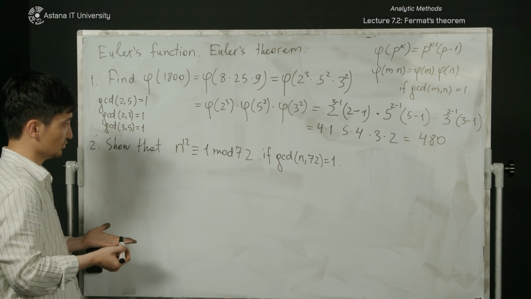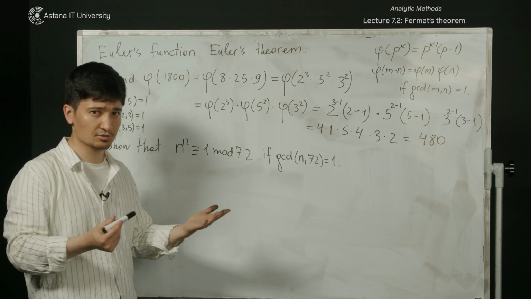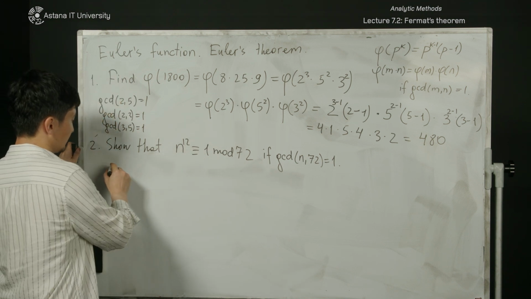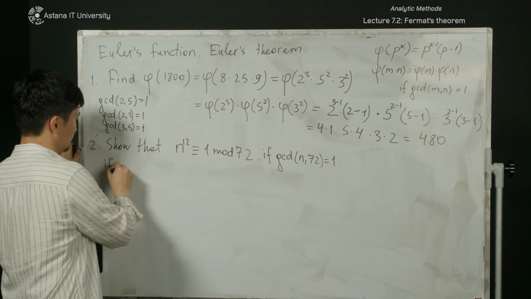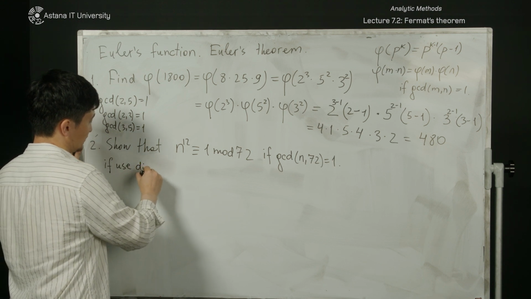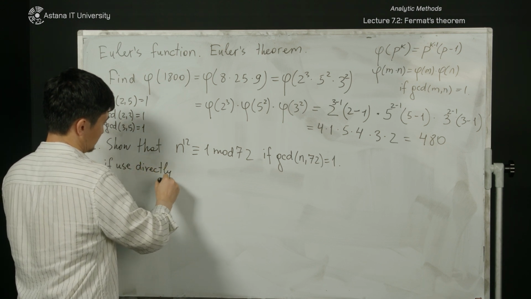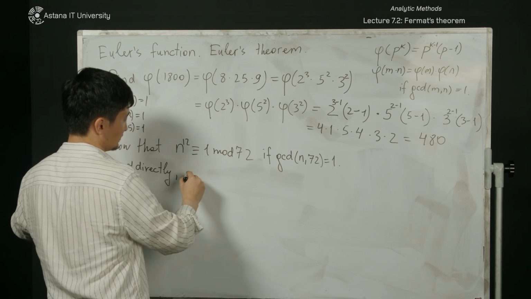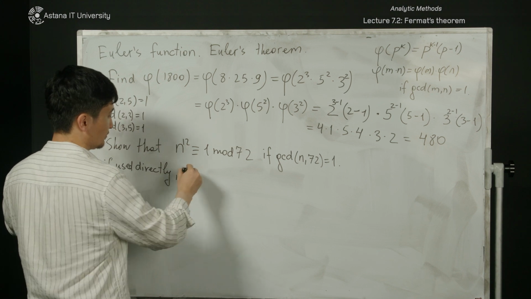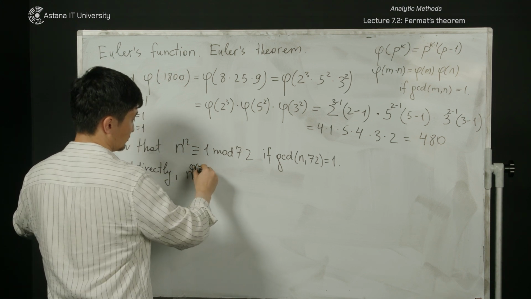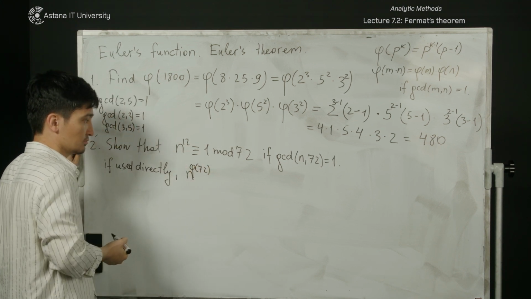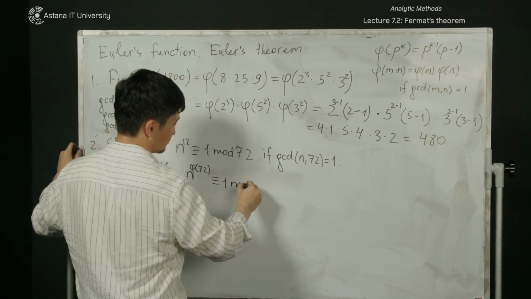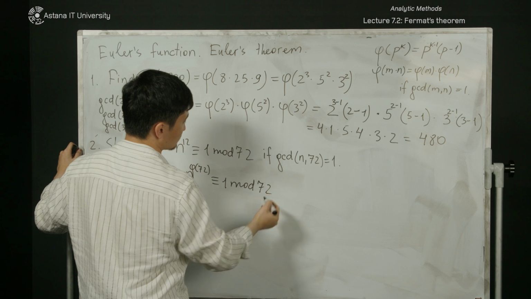Okay, first of all, if I directly use Euler's theorem, I can write it like this: n to the power of phi of 72 should give me remainder 1 mod 72.